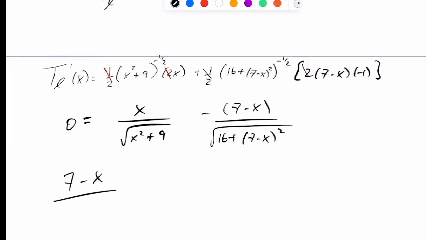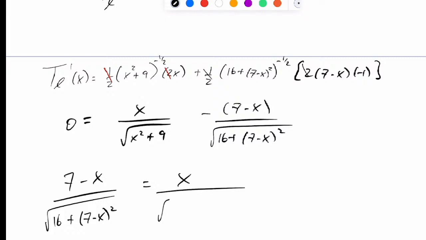Well, if you want, I can continue it. So I get here, what, 7 minus x over x squared plus 9.